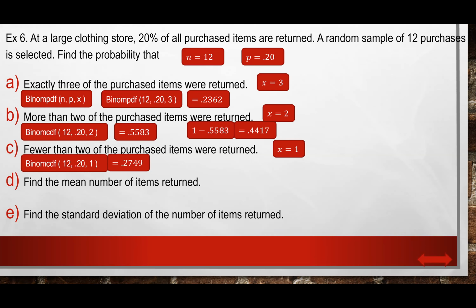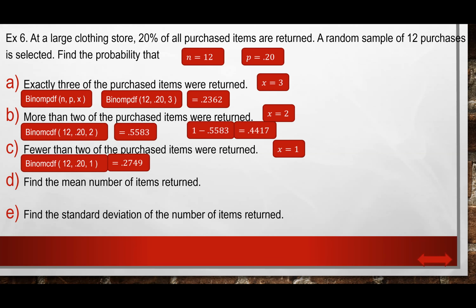Fewer than whatever the answer on your calculator is, that is the answer they ask you. Okay, so the other thing is you need to ask yourself, what is the endpoint? Do I include the 2, or do I include the number, or do I exclude the number?